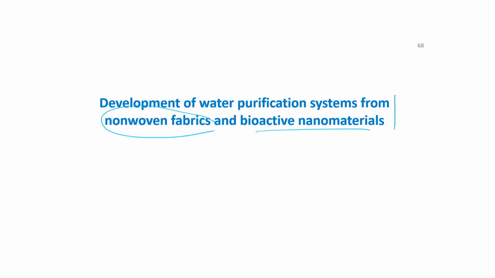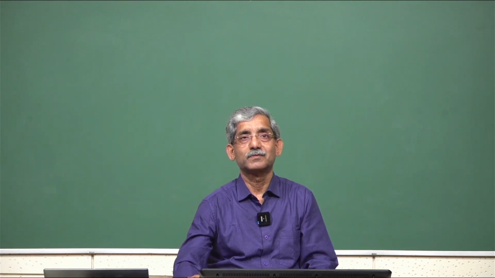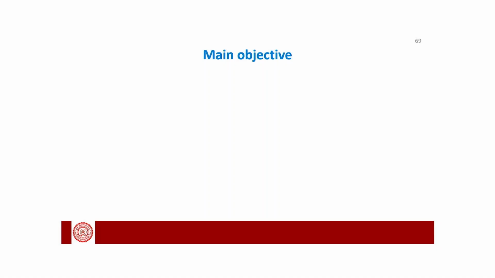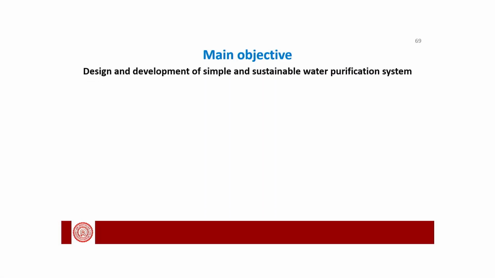First, we will try to see the objectives of the study and the different stages into which we divided this study, and ultimately we have patented one water filtration system. Now, let us study. The main objective is the design and development of a simple sustainable water purification system, that is the main function.